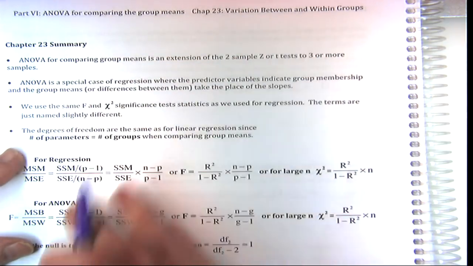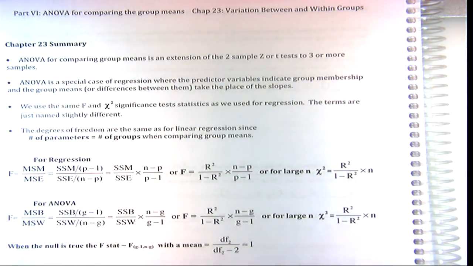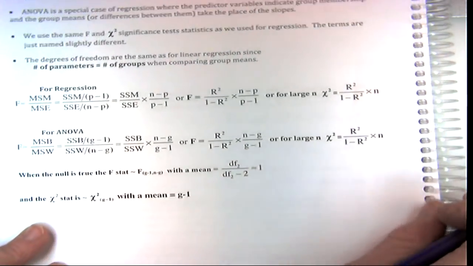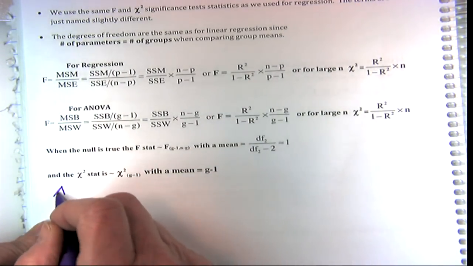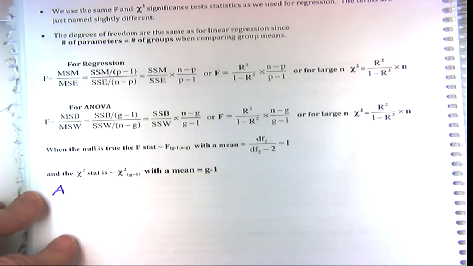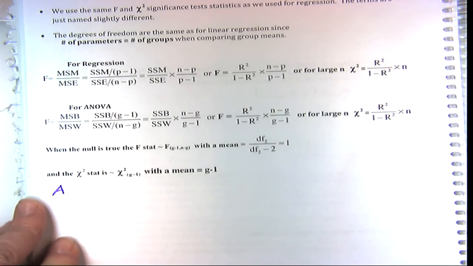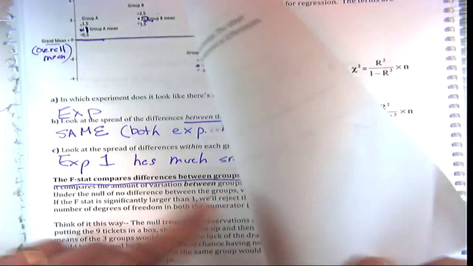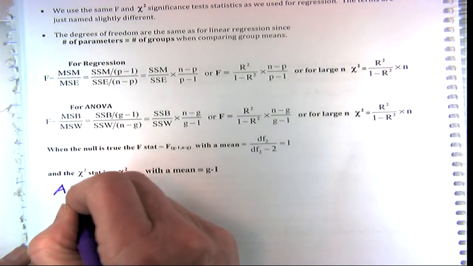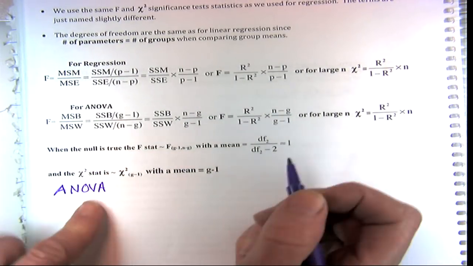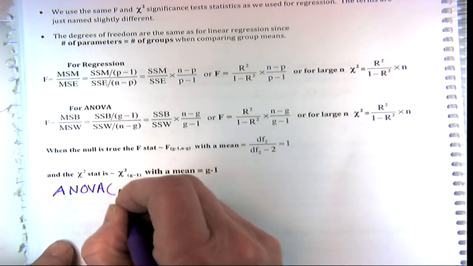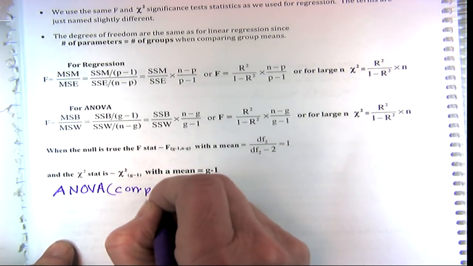It's just a special case of our general ANOVA model. So why don't we write that down here? We'll look at why that is. We'll translate it into a regression equation on the previous page. So let's look at this, this ANOVA, when we're comparing the group means to see if any of them are different.